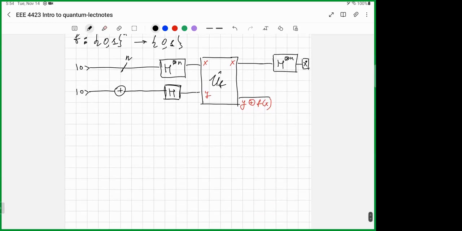So the classical problem requires the number of calls to this function of the order of n, right? So this is the complexity of the classical problem. In quantum, in contrast, we have this complexity of the order of logarithmic n.